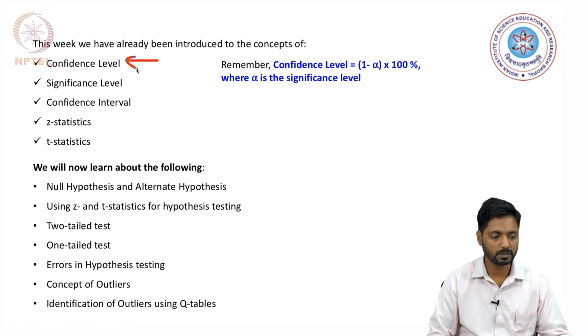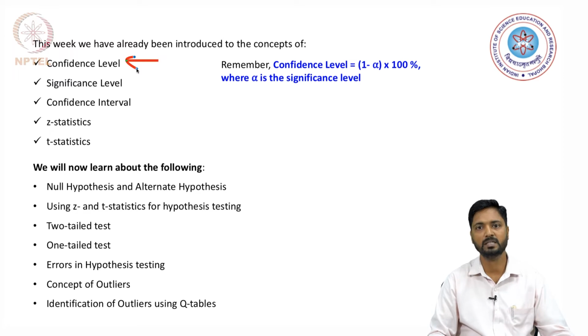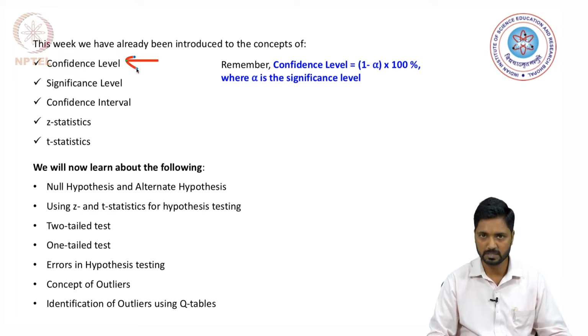We also got introduced to the concepts of Z and T statistics, and we got to know that when we have a very good estimate of the population standard deviation, then we can use the Z statistics. However, for small samples for which the population standard deviation is not accurately known, we can use the T statistics.